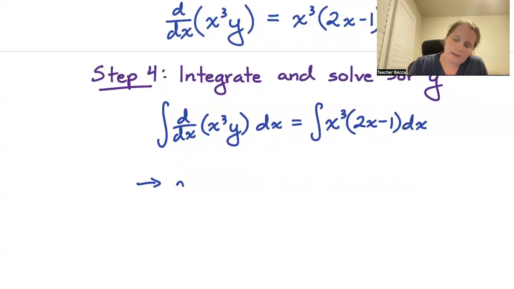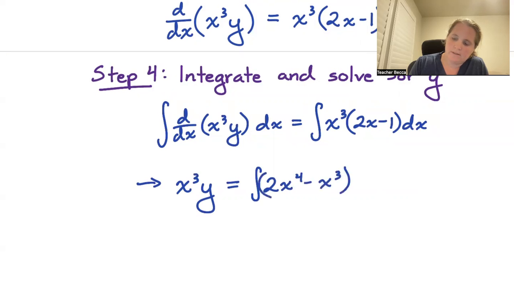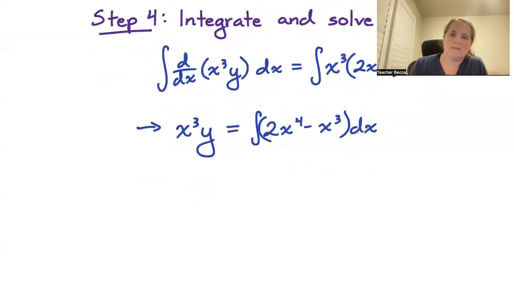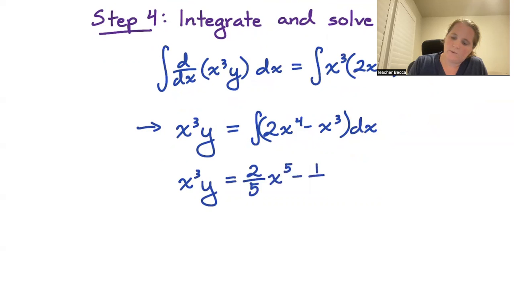That left-hand side is just x cubed y, technically plus a c. Right-hand side, we're looking at the integral of 2x to the 4th minus x cubed dx. So we have x cubed y is equal to 2/5 x to the 5th minus 1/4 x to the 4th plus c.